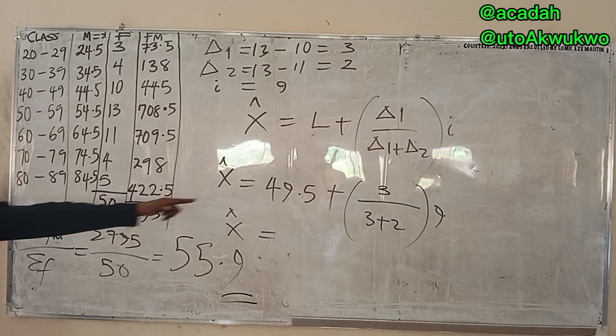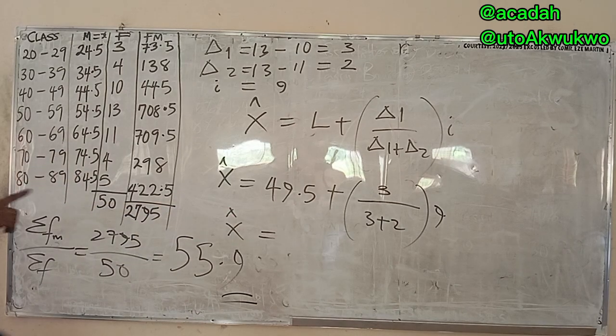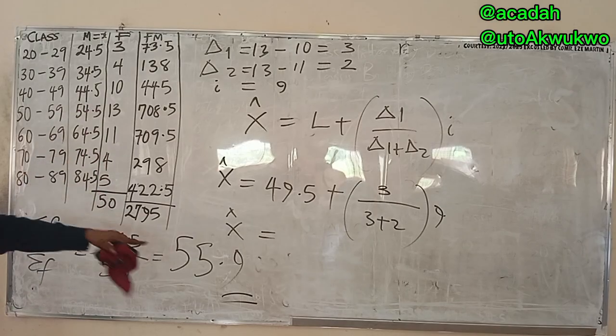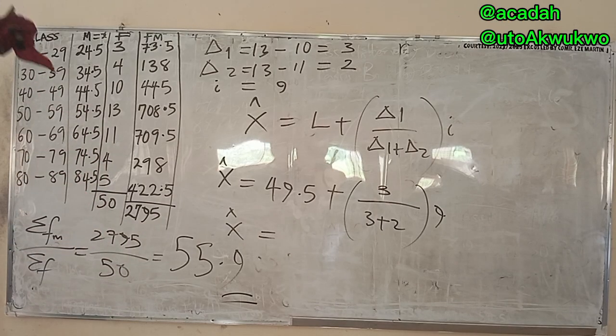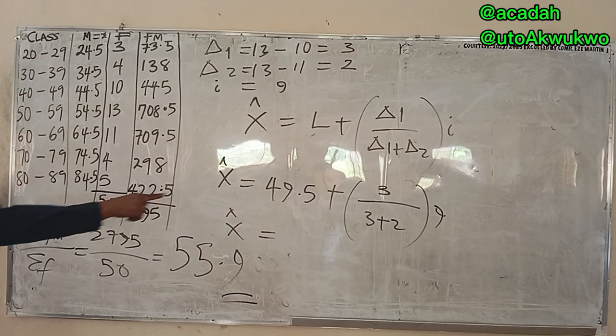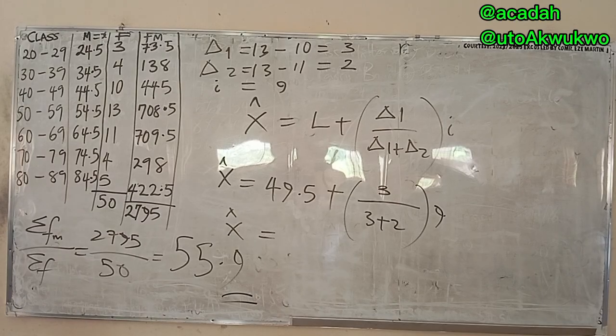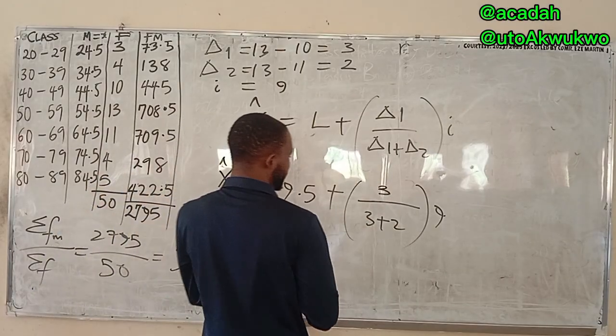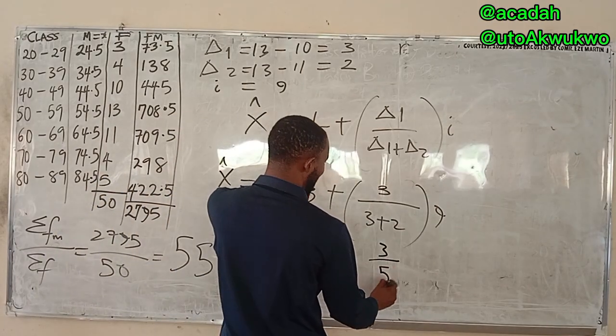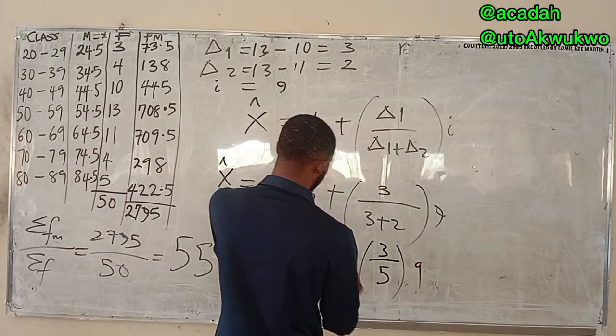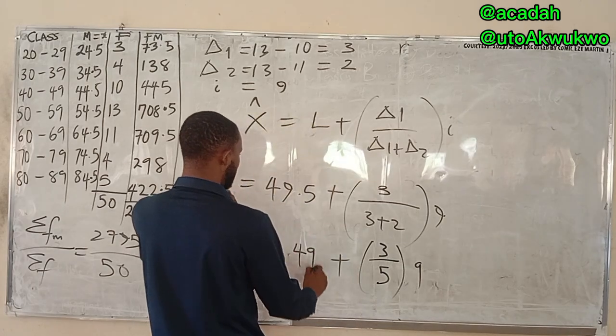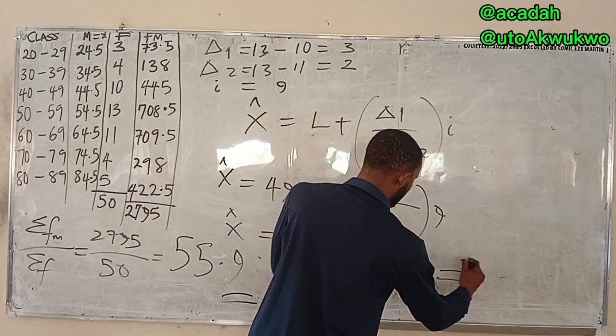If you plot a histogram for this distribution using frequency and class boundary, then project down, anything you get solving this is what you get on the abscissa, the horizontal axis of your histogram. So do 3 over 5, multiply by the class interval, then add it to 49.5. What do you have at the end?